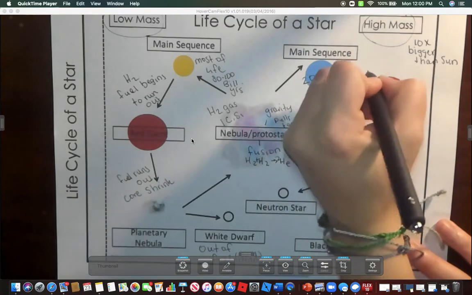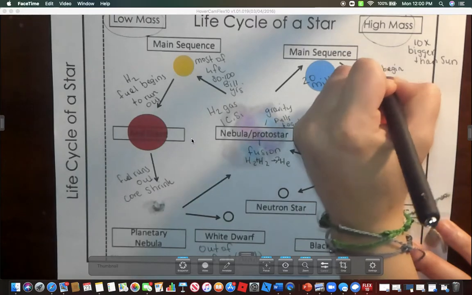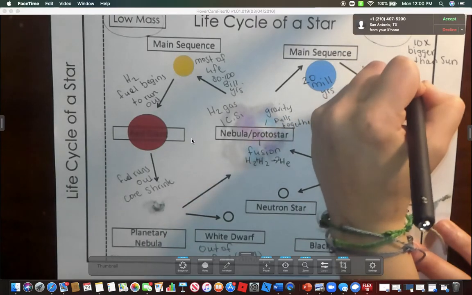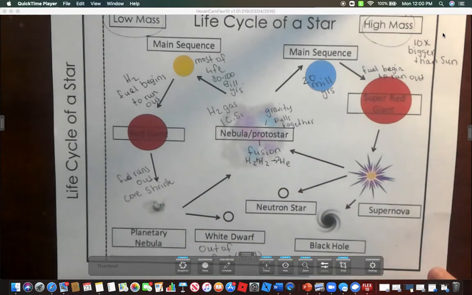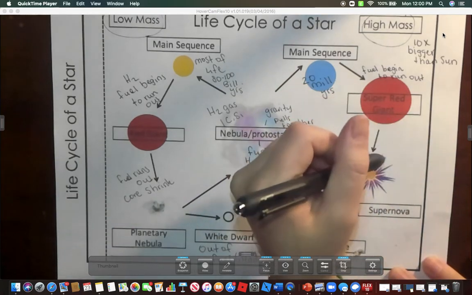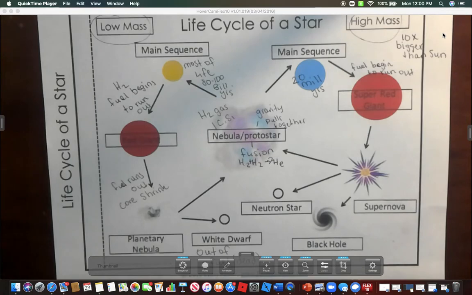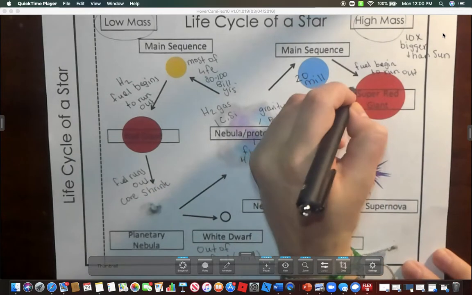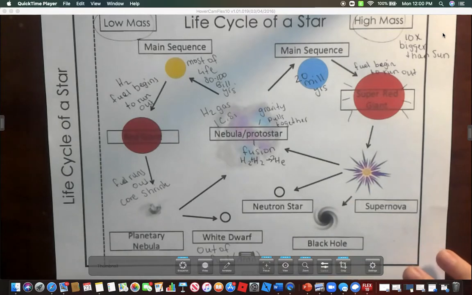As fuel begins to run out, we're going to get our red supergiant. Again, the outer layers of gas on that star are going to expand as fuel runs out.